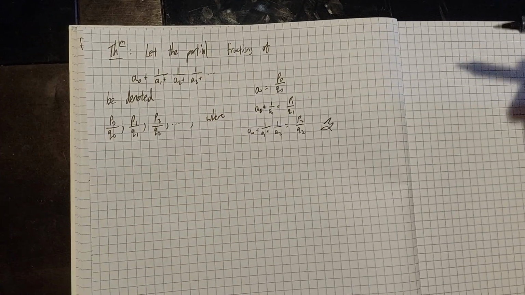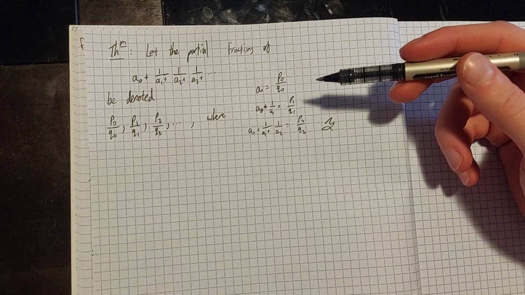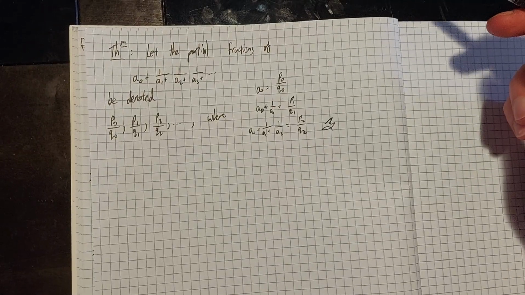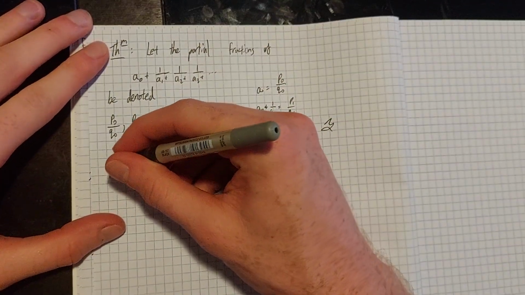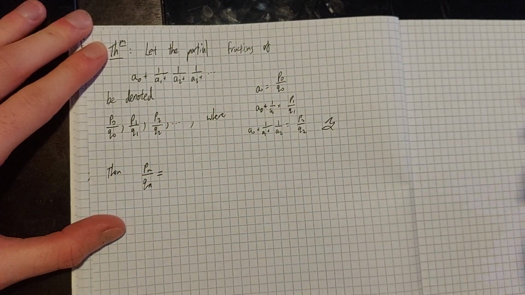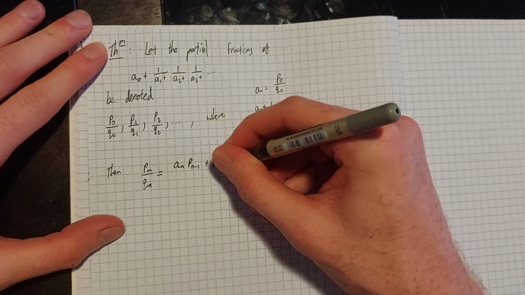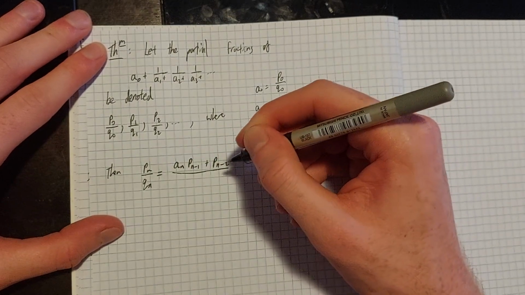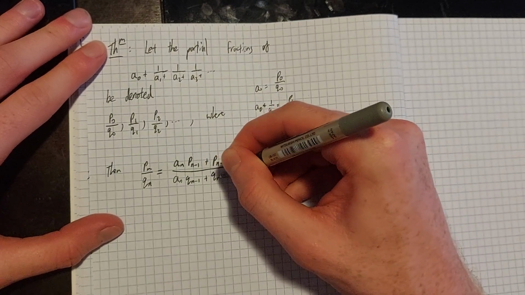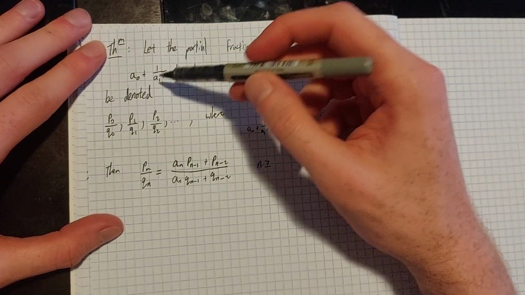What we can do is we can show, and the theorem that I'm about to say, that we can evaluate these as Pn over Qn is equal to An times Pn minus 1 plus Pn minus 2 over An times Qn minus 1 plus Qn minus 2, whenever n is greater than or equal to 2.